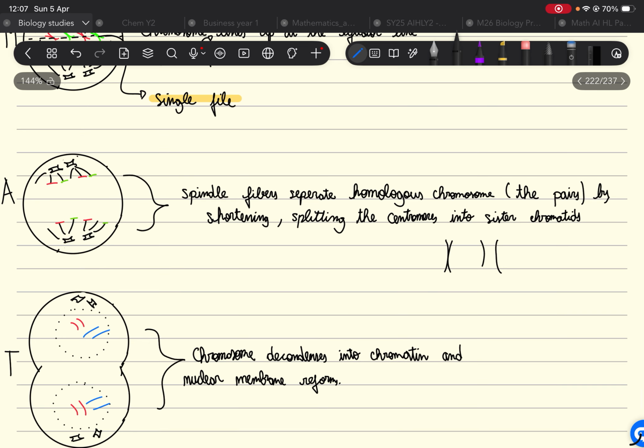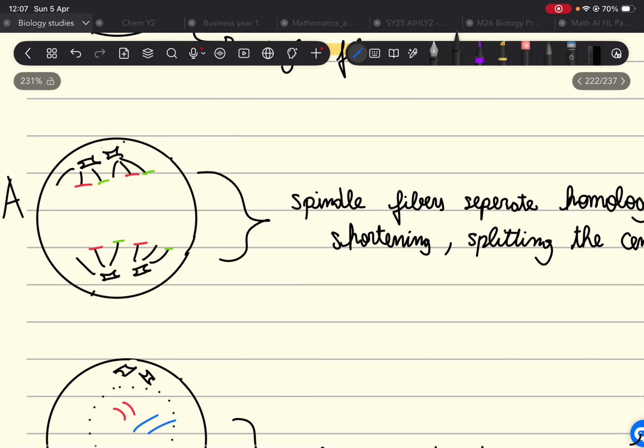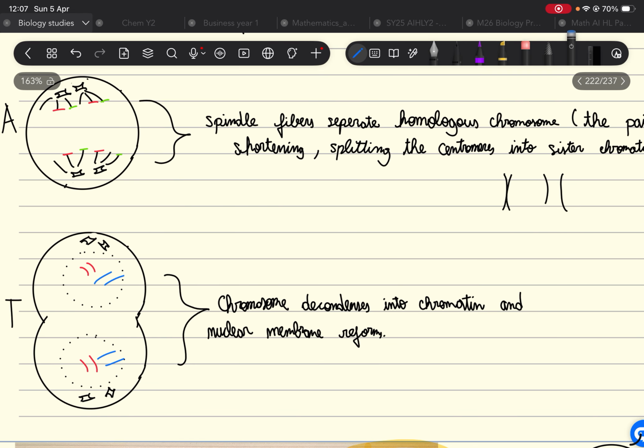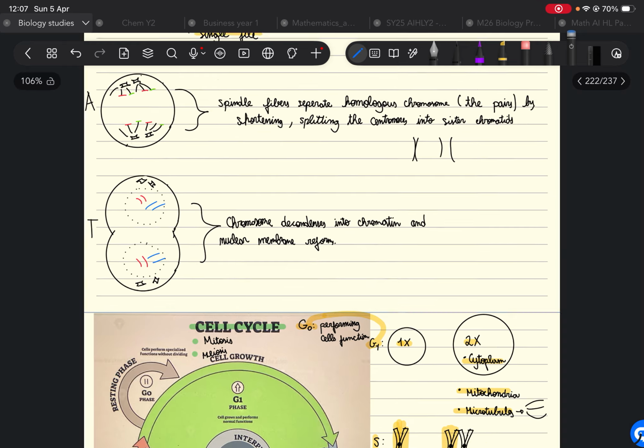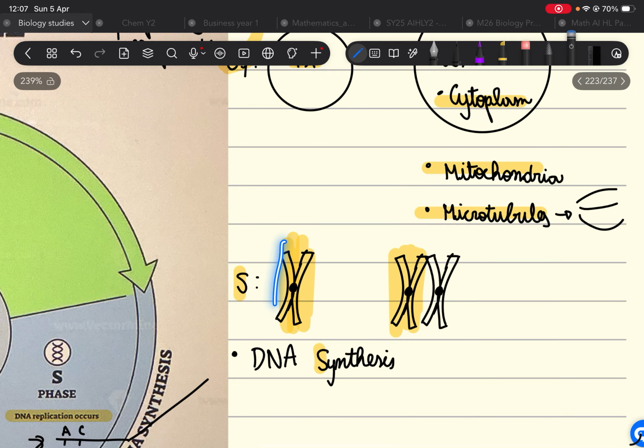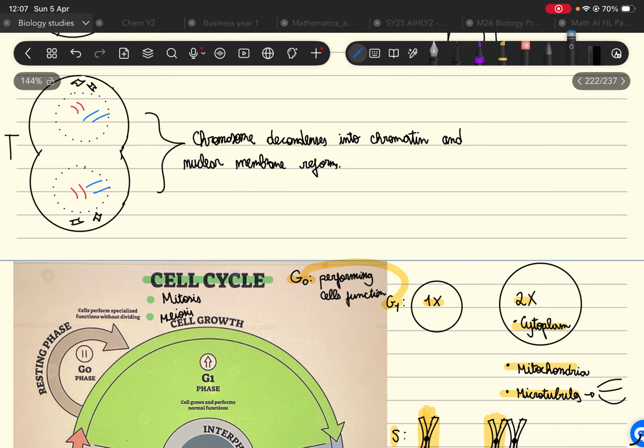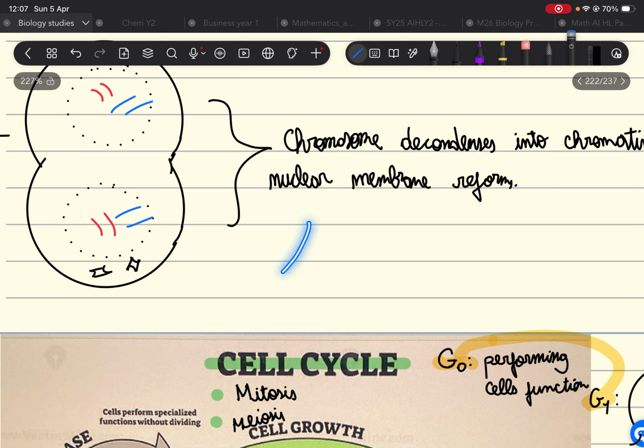Now that we separated and we have the genetic material on one side here and one side here, what happens next? Well, a nuclear membrane starts forming around the genetic material, right? The chromosomes. Oh, so imagine we had that chromosomes, right? We had this part here, and now it's going to decondense into chromatin, which is how it functions, right?